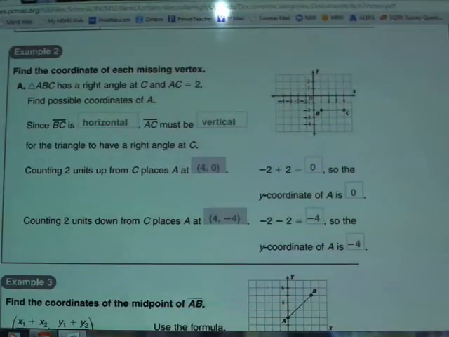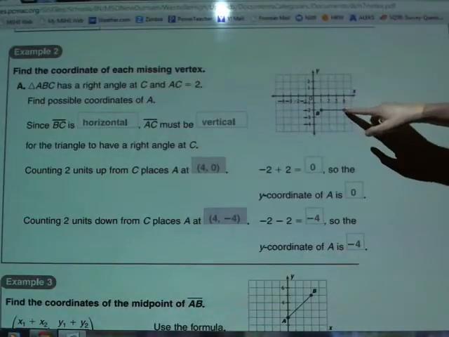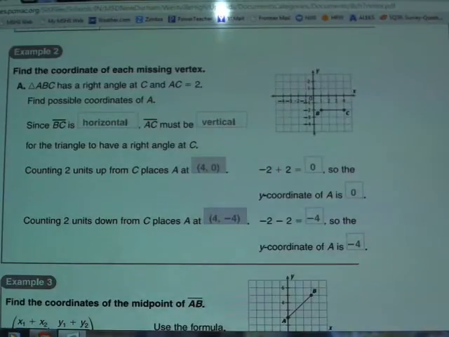What they're telling us is that point C is going to have to create a right angle. What they don't tell us is which direction that right angle has to be created in. So the right angle can go up, or north, or it could go down, which would be south. They tell us that it connects out to point A, and that the line AC has to be 2 units long.